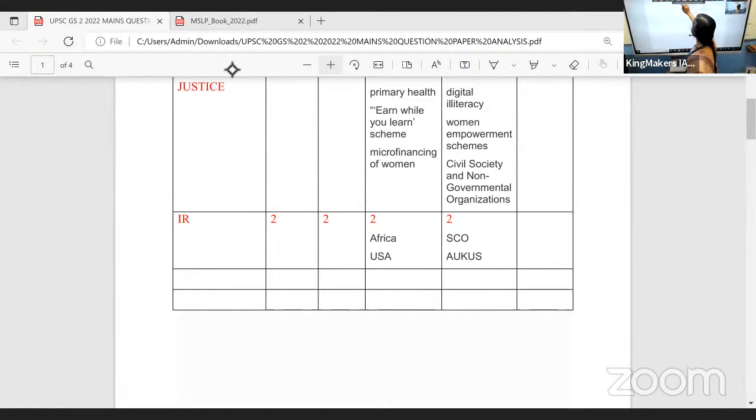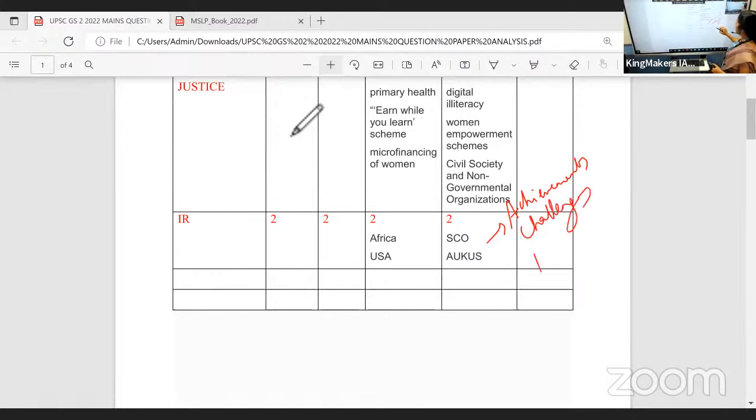This will hold true for everything: achievements, challenges, perspectives. What do I mean by perspectives? Any organization, whether it is OIC, OPEC, anything, achievements, challenges, and perspectives.